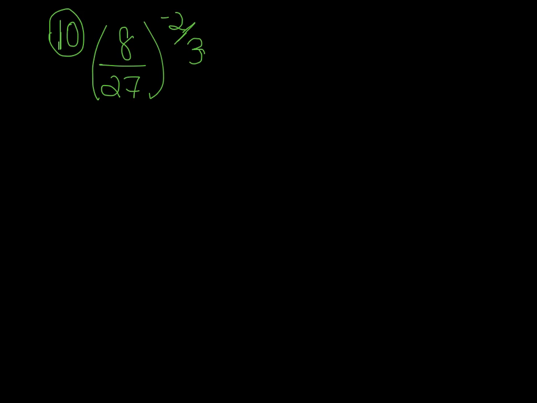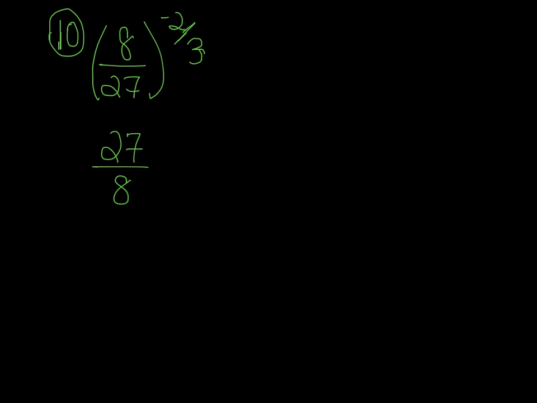Now in this case we have a fraction, 8 over 27, with a negative exponent. So when that happens, it's pretty easy just to get rid of the negative exponent. So if we took 10, which was technically 10 over 1, and we made that 1 over 10, really what we did was we took the reciprocal of 10. So we're going to do the same thing here. So we're going to take that 27 and put it over 8.